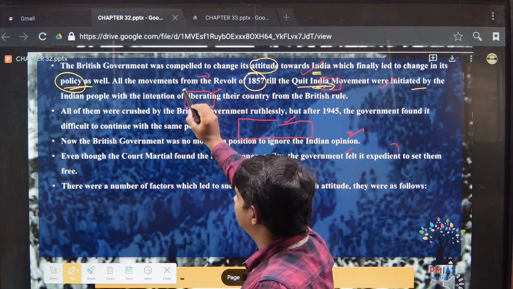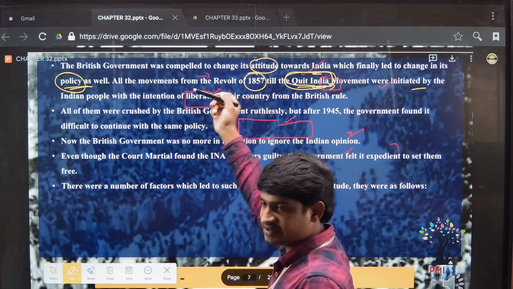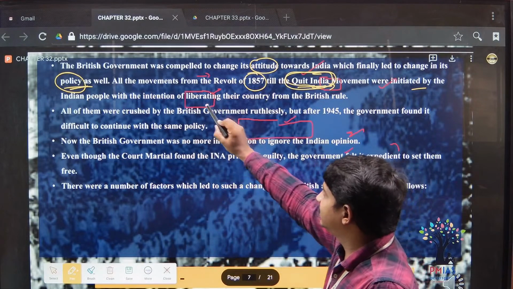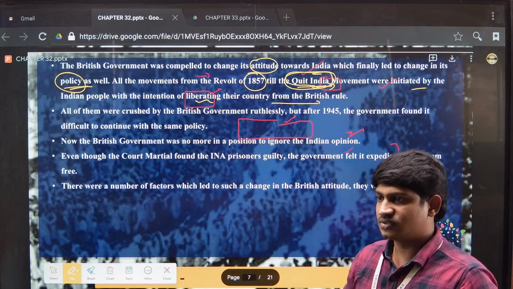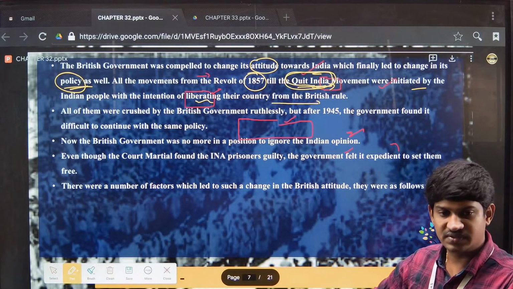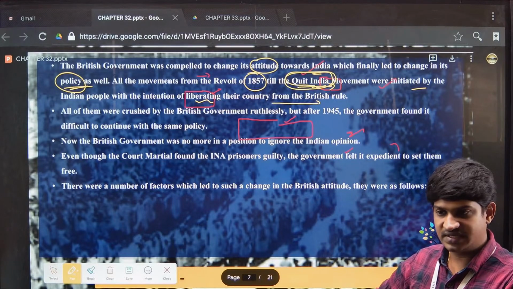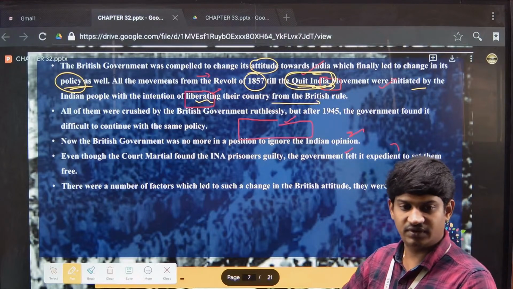The Quit India movement made the Indian people realize that this would be the last movement, with the intention of liberating the country from British rule. So the Indians gained confidence that this would be the last fight, and after this the Britishers were ready to grant independence with full transfer of power.